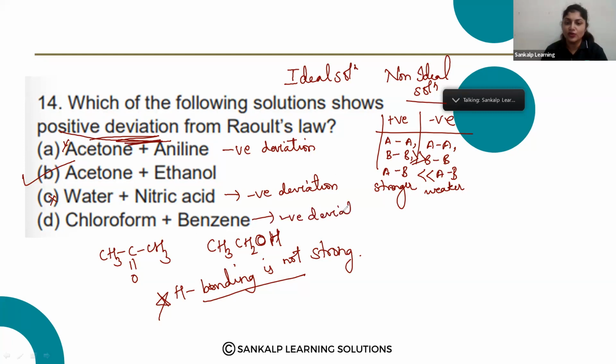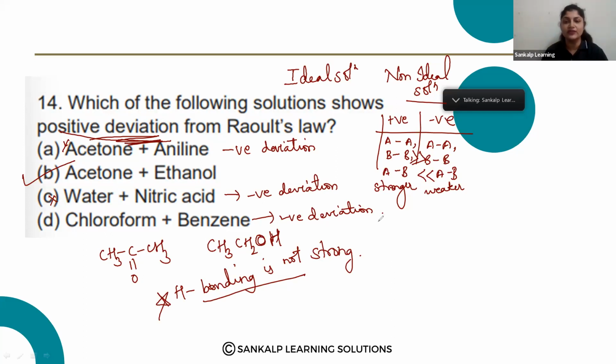So you need to remember what ideal solutions are, what non-ideal solutions are, and what positive deviation and negative deviation are. Positive deviation means that the solute-solute and solvent-solvent interaction is stronger as compared to the solute-solvent interaction.